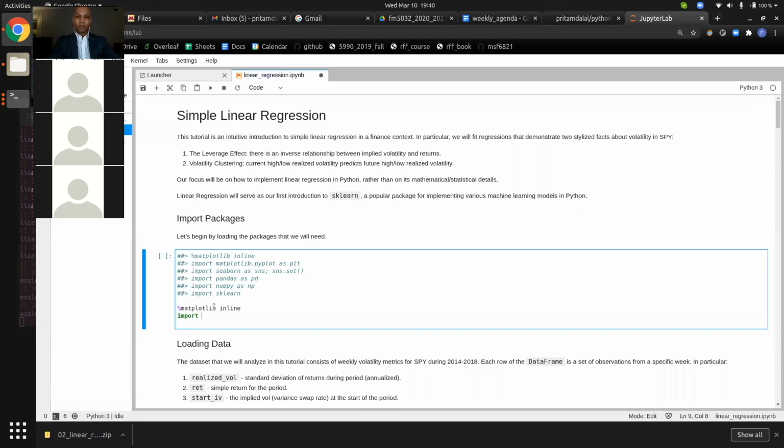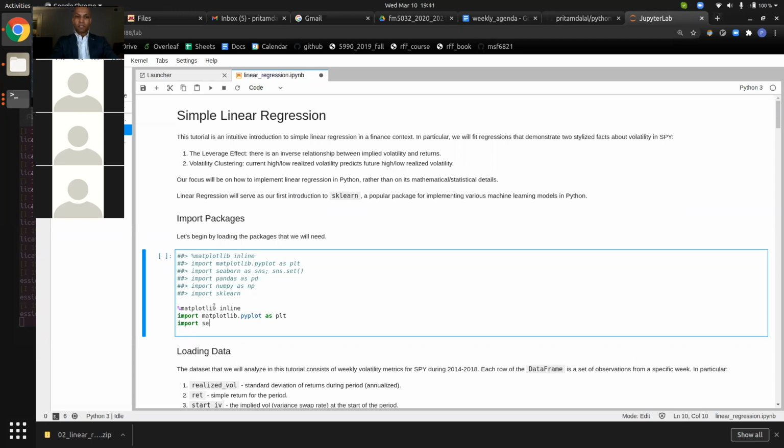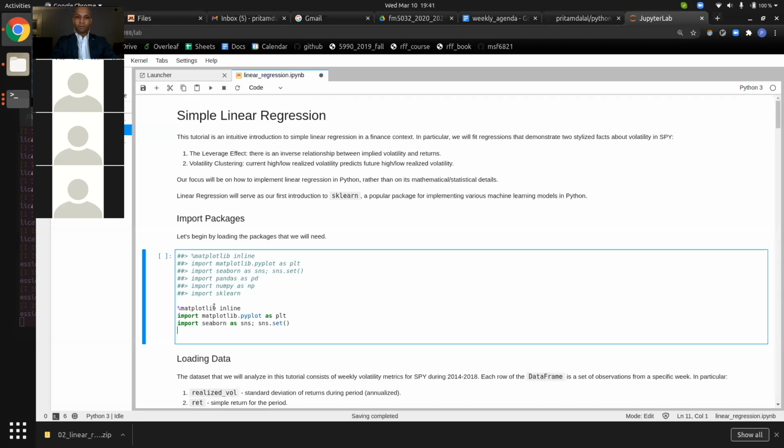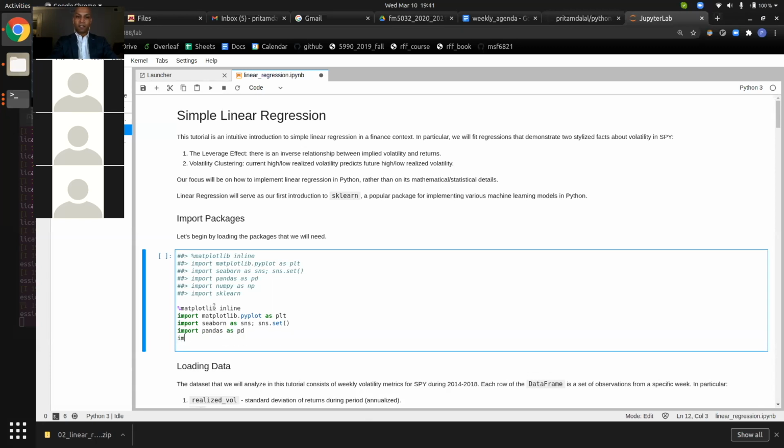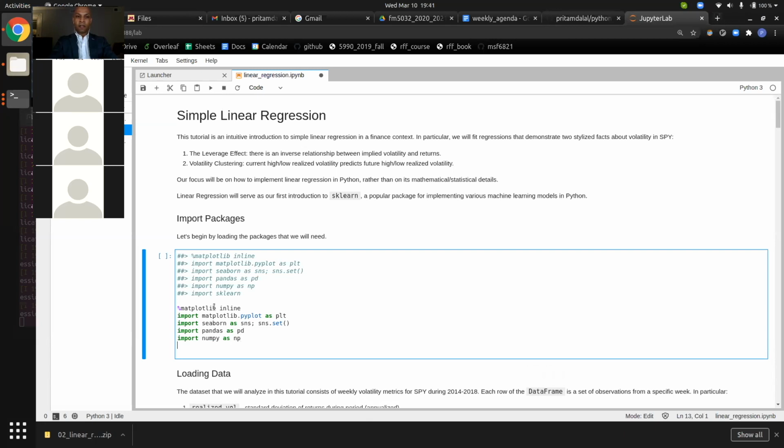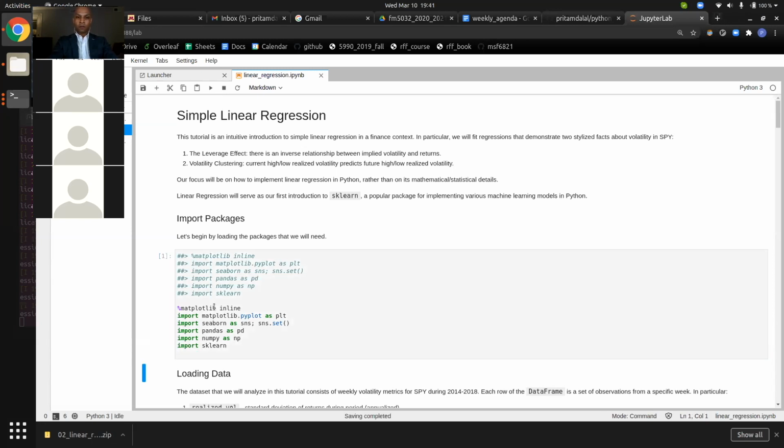So we're going to import matplotlib.pyplot as plt, import seaborn as sns, import pandas as pd, and import numpy as np. And finally, we're going to import scikit-learn, sklearn. Great.